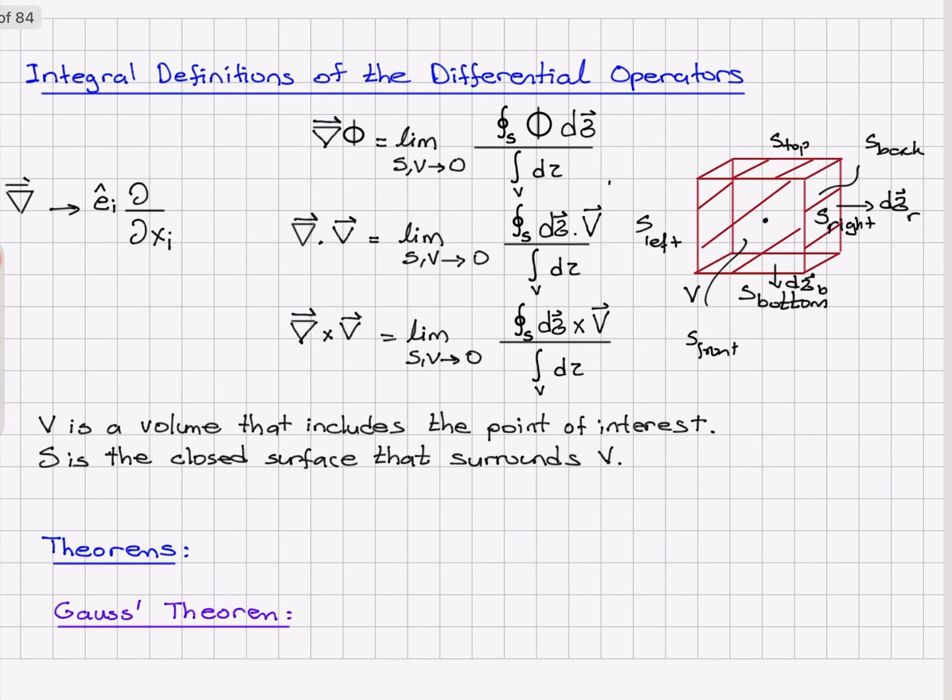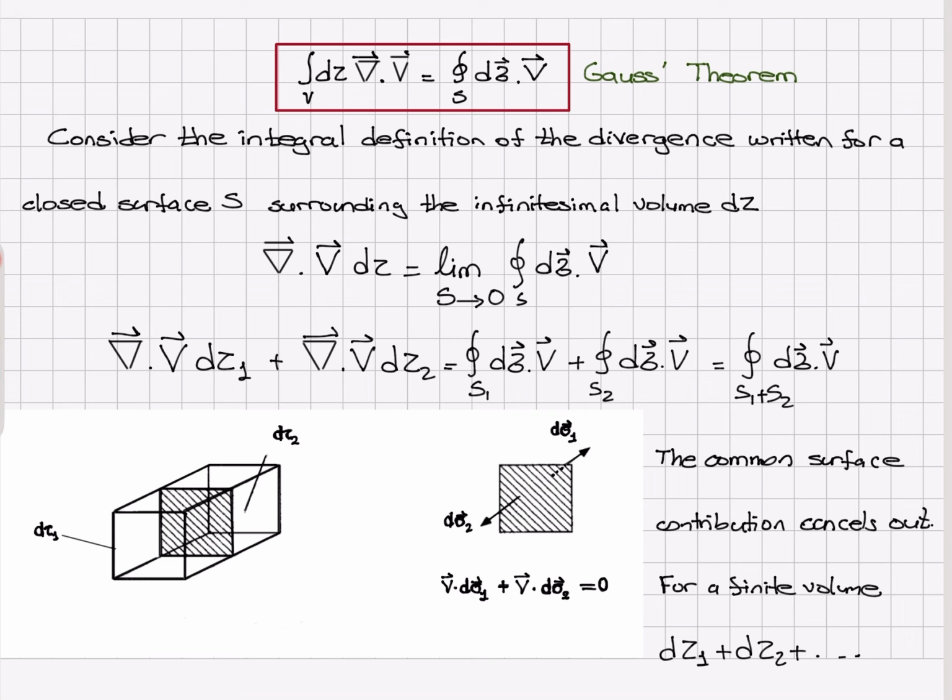Now, using the integral definition of the divergence, we can write for a finite volume as V goes to 0, divergence of V d tau is limit S goes to 0, closed surface integral d sigma dot V. So for a very small differential volume that I take here, I consider divergence of V d tau 1. This is the closed surface integral S1 d sigma dot V for considering all of these surfaces. And for divergence of V d tau 2, I have to consider these surfaces.